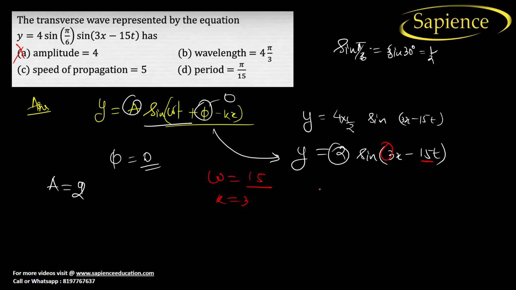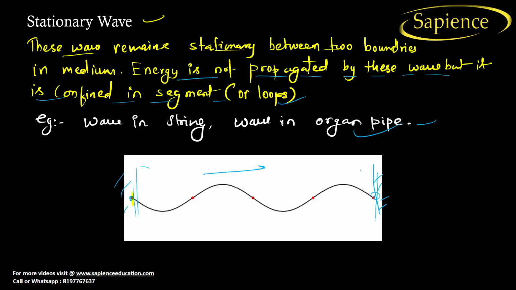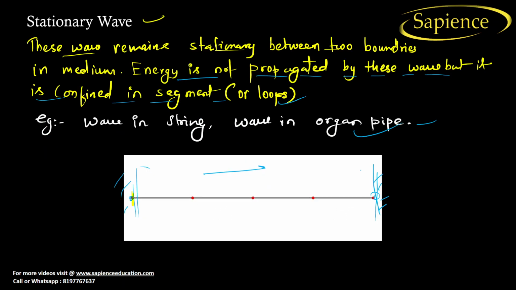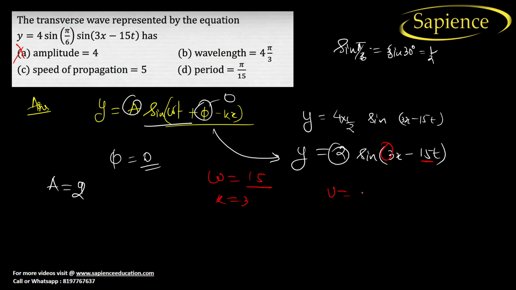Now if we talk about the speed of propagation, v is equal to what? From the equation, k is equal to ω by v, so v is equal to ω by k. So v is equal to 15 by 3, that is 5 meters per second. So I hope you have understood that this speed of propagation is the correct answer.